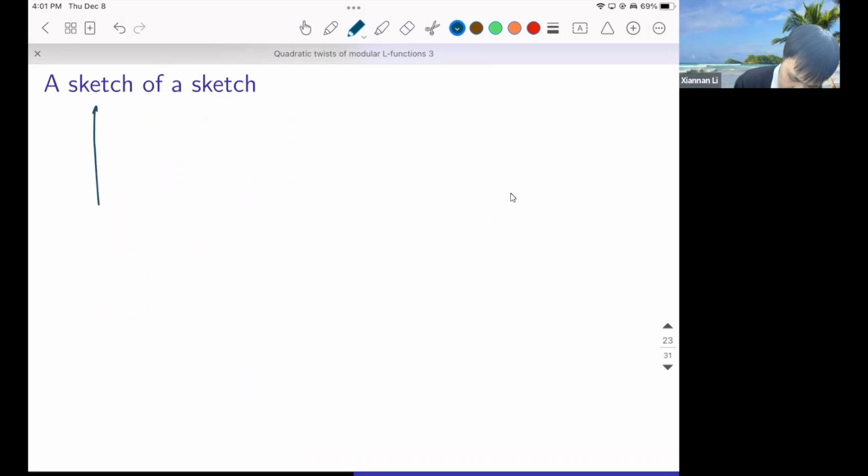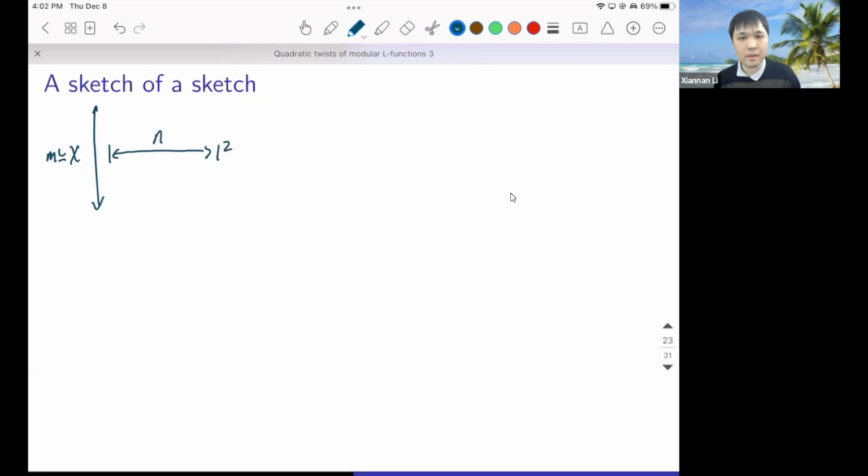So what we have at the beginning is the sum m around size x, and then sum n. This inner sum is squared, but the important thing is it's around length x as well.